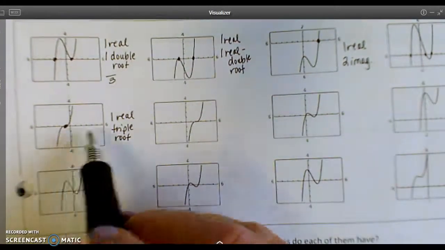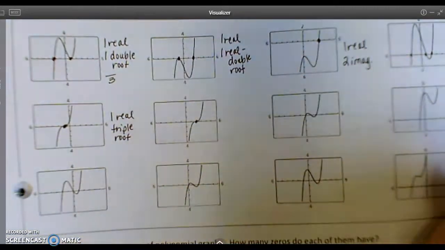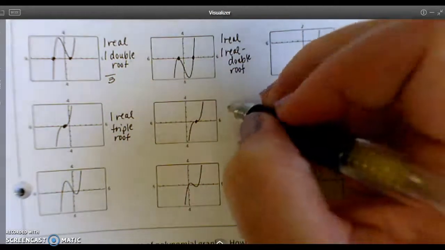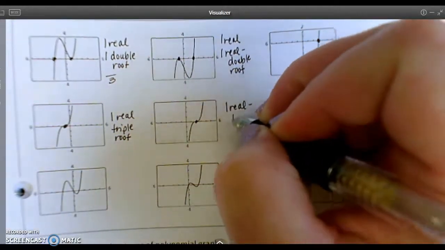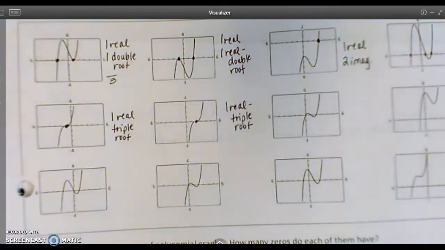This one right here is really, really similar. It's just moved over. Still, it's only one real solution, but it's a triple root. Sometimes they call that a multiplicity of 3. If you hear the word multiplicity, multiplicity is how many times it touches the x-axis. If it's a double root, multiplicity would be 2. If it's a triple root, multiplicity would be 3. That's kind of different.